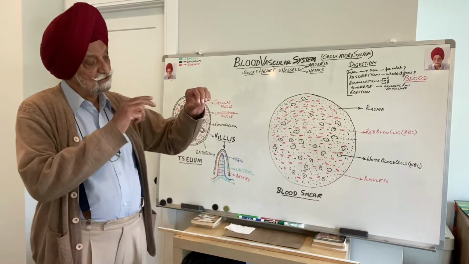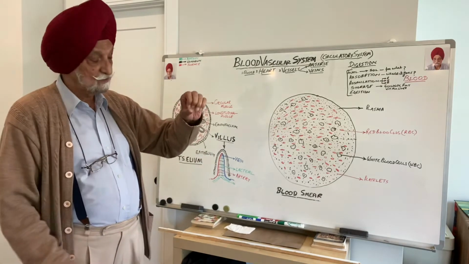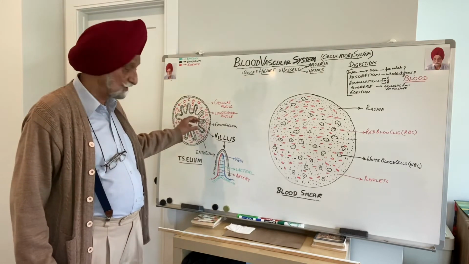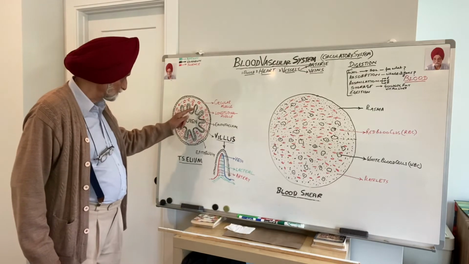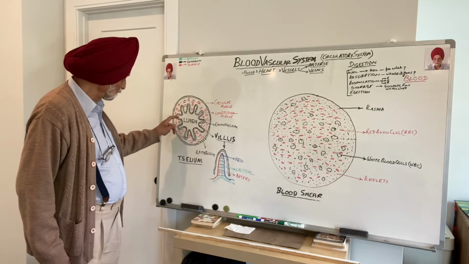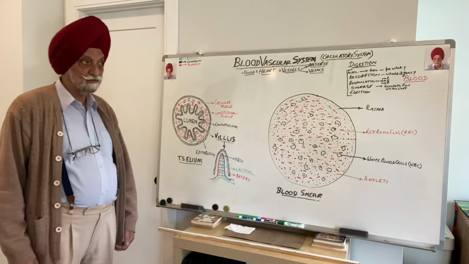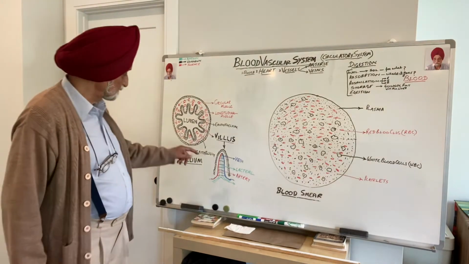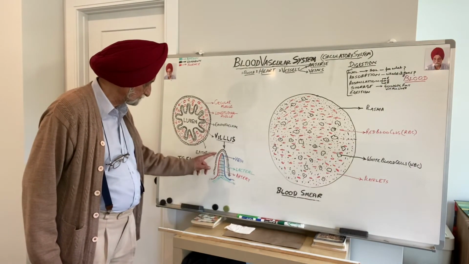If the tube is like this, the food will pass and go. But if it is thrown into folds like this, it will pass gradually. And notice, there is a lot of surface area increased for the food to be absorbed by the small intestines. And these structures are called villi.